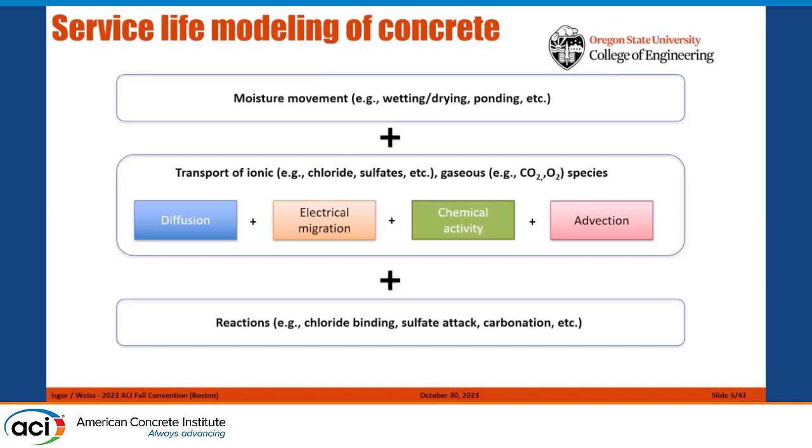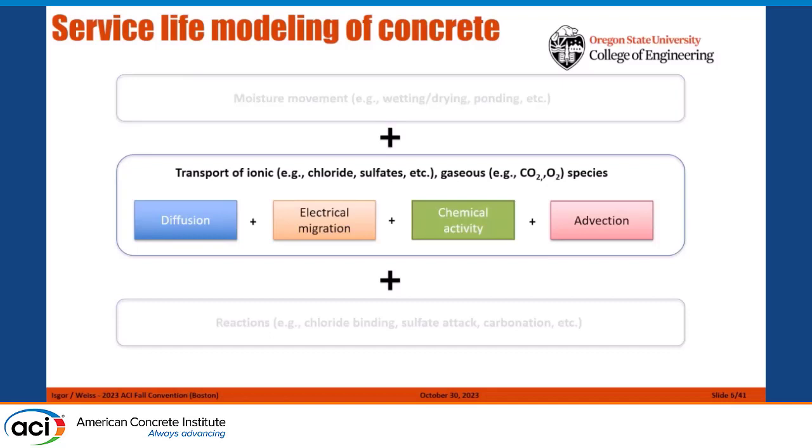Ionic movement in these systems involves multiple mechanisms of transport: diffusion, electrical migration, chemical activity, and advection. And you also have to think about how, as water and ions move into your cementitious system, your concrete, they will react with other things. For example, chlorides might be bound. Sulfate would react with certain phases. You also have carbonation, for example, which is a big thing we talk about these days. So reactions have to be modeled.